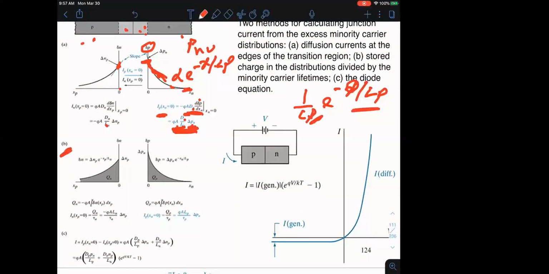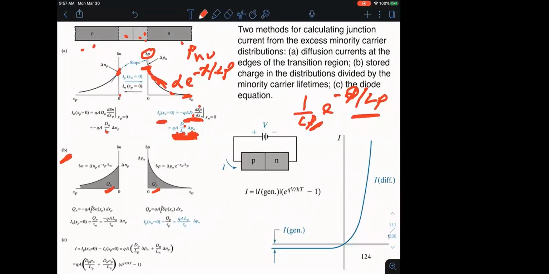That's shown in technique B over here. In the charge control approximation, what you do is you look at the total stored charge of holes Qp or Qn on the two sides of the excess minority carriers shown in the shaded regions Qp and Qn. Okay.